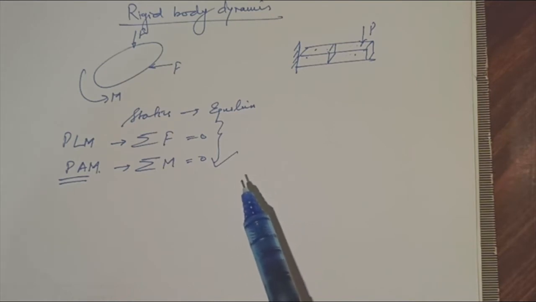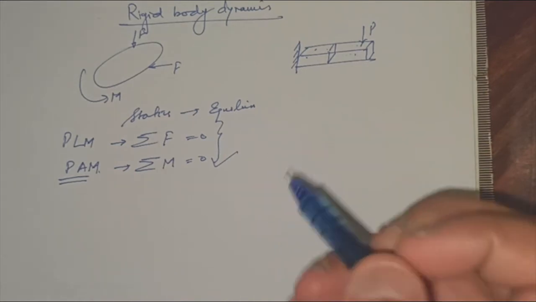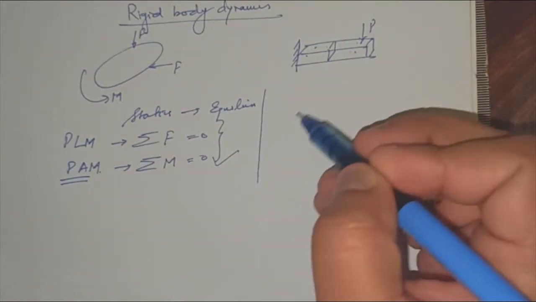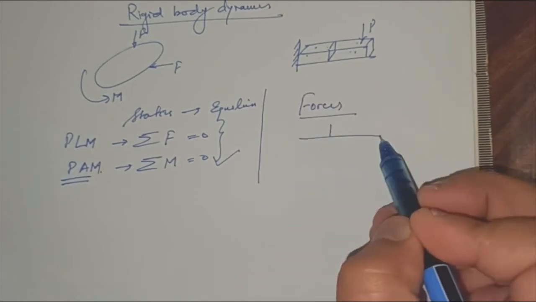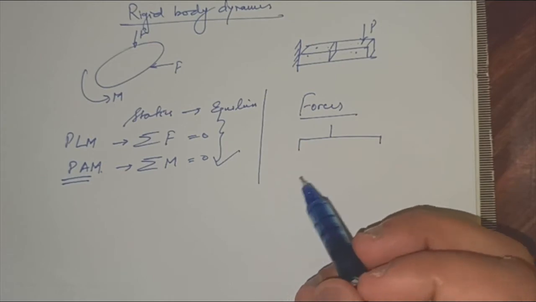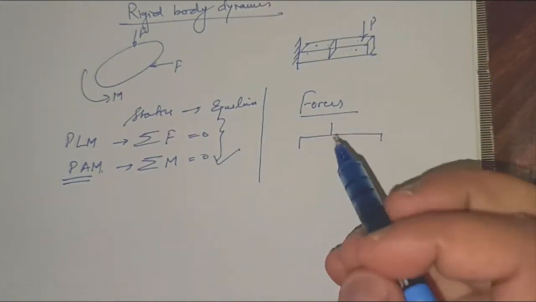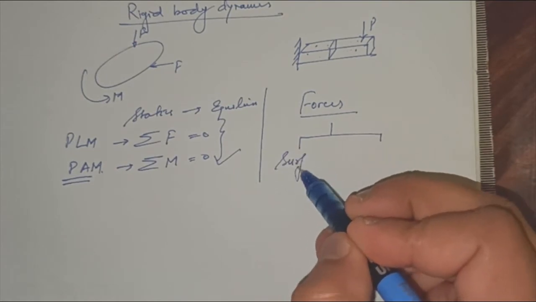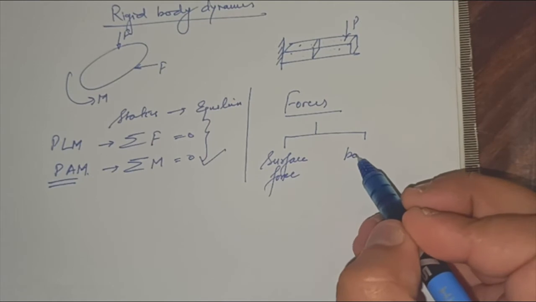Now before we go on to do this, let's talk about two kinds of forces. In general, there are two kinds of forces that are applied on a body. One is a surface force and the other one is the body force.